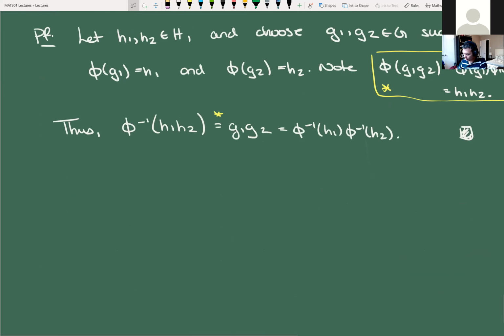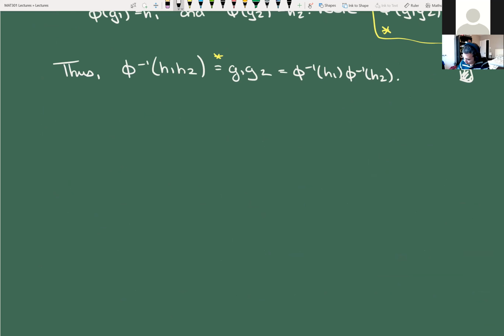So here's kind of a stupid example, or maybe it's not stupid. Remember we talked about U5, which is the group of units in Z5. And we said this is 1, 2, 3, 4, under multiplication. We talked about this group much earlier in the year, week 1, week 2, whatever.